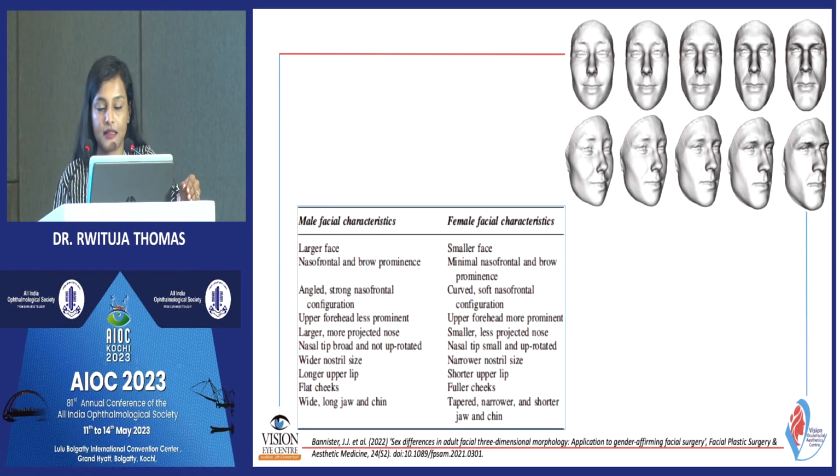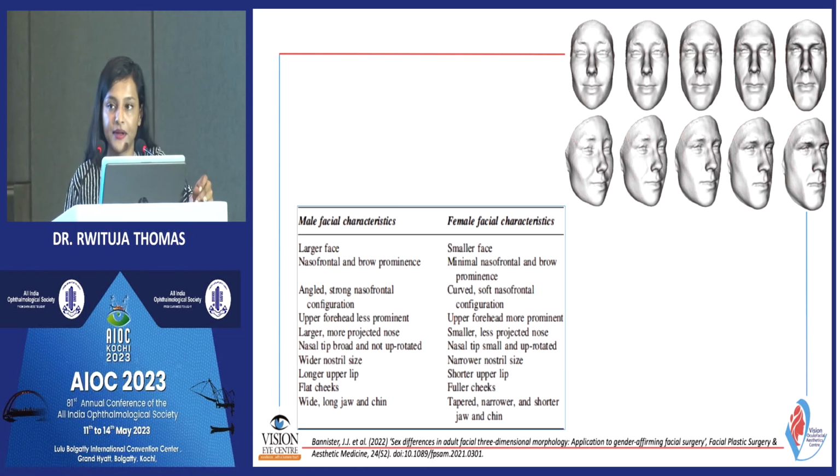The other thing is the difference between male and female aging, and also the overall anatomy of the male and the female face. This is also important because facial feminization surgery is a big part of facial aesthetics today, although it is an up and coming field.